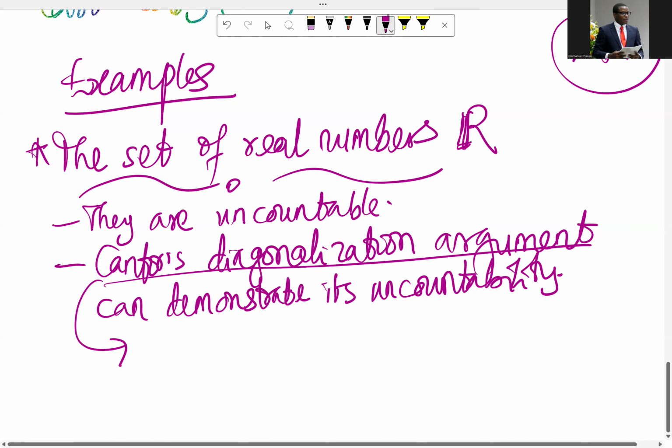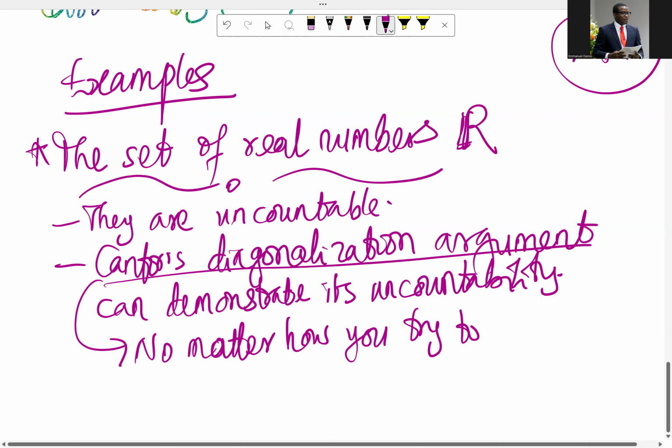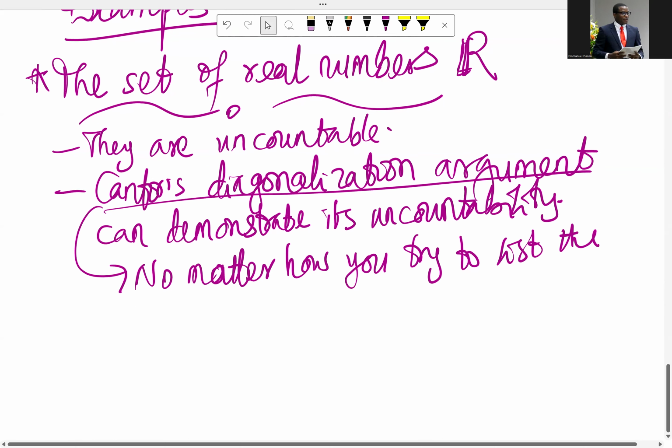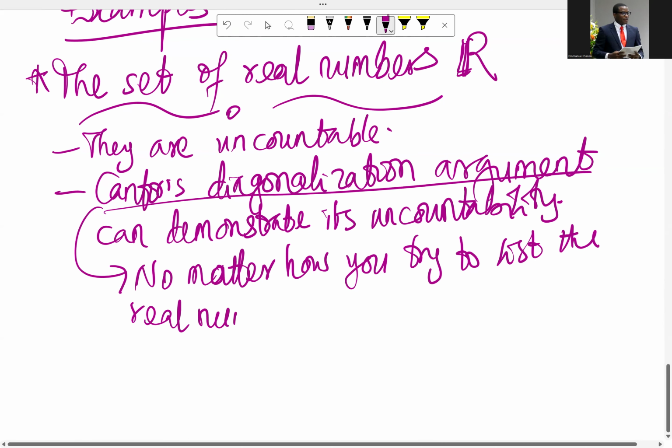It simply says that no matter how you try to list the real numbers, you will still be missing something. Some real number will always be left out, no matter how hard you try.